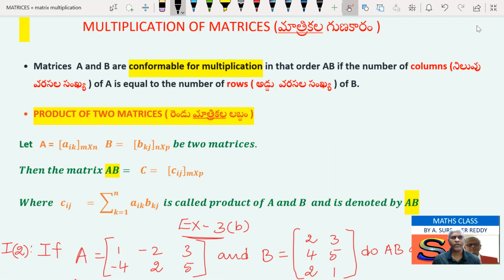Matrices A and B are conformable for multiplication in that order AB if the number of columns of A is equal to the number of rows of B. So this is the condition for multiplication.